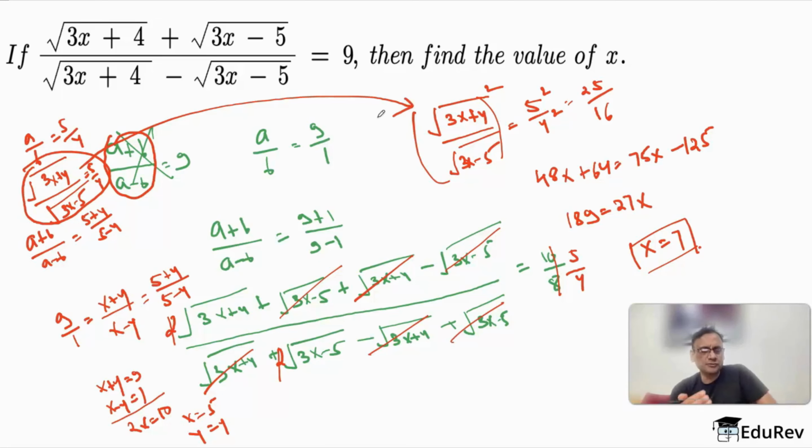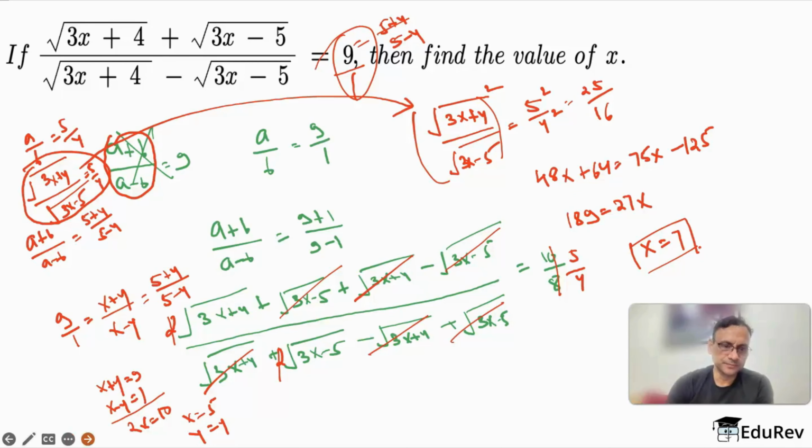So that is also fine, but this piece you will have to figure out, that 9 by 1 should be 5 plus 4 upon 5 minus 4. Otherwise you assume the numerator to be a and denominator to be b and then solve it. So both the approaches are perfectly fine. I hope we have understood this.